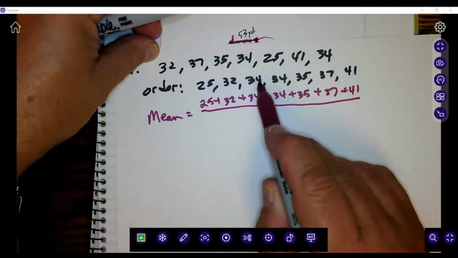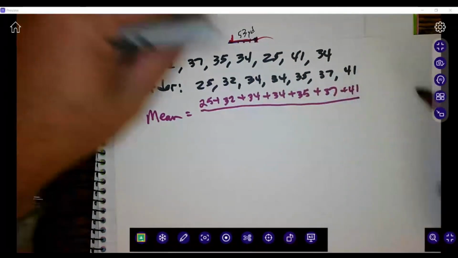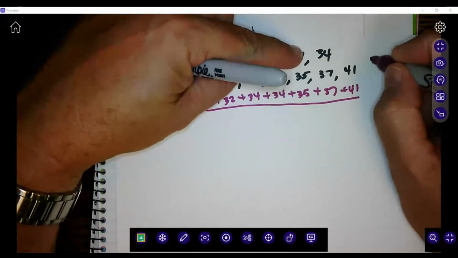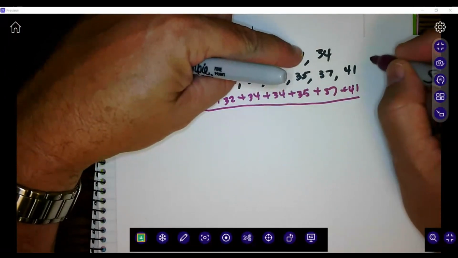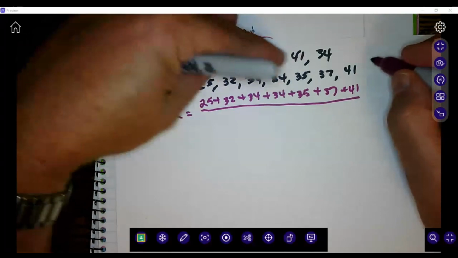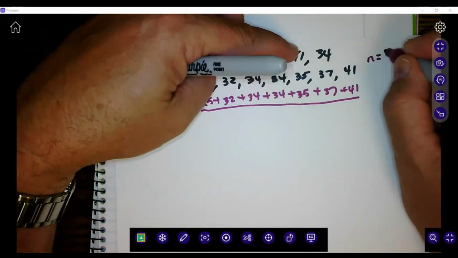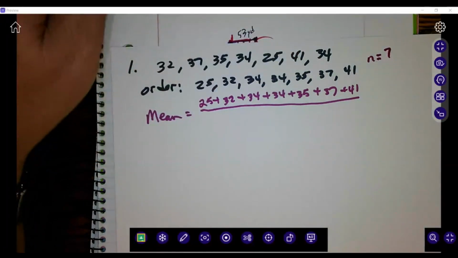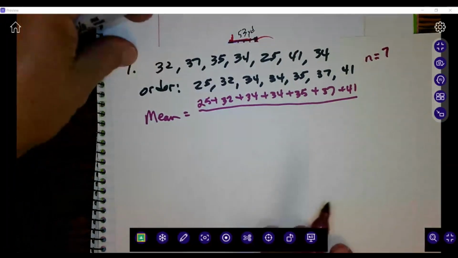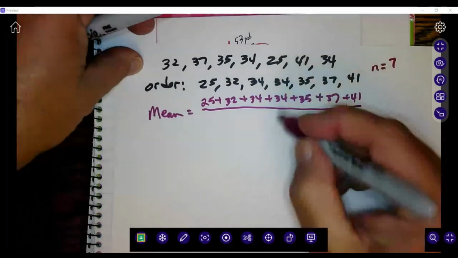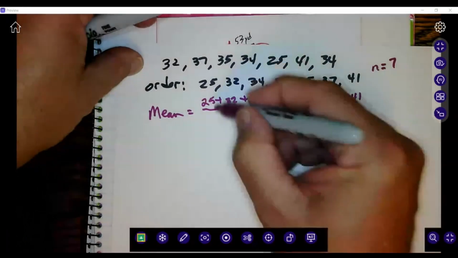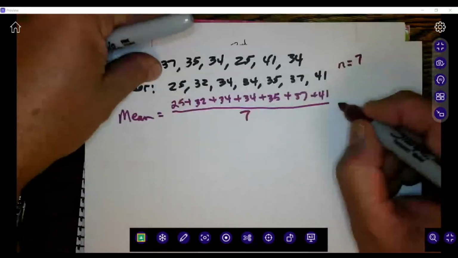We have 1, 2, 3, 4, 5, 6, 7. Actually, in statistics, the symbol that we use to tell us how many items we have is a little n. And so little n is actually 7 in this case because we have 7 values. And so we're going to be dividing this sum by 7.